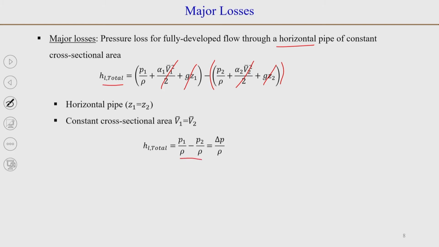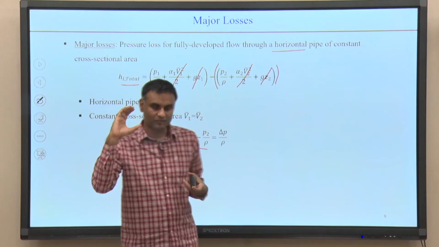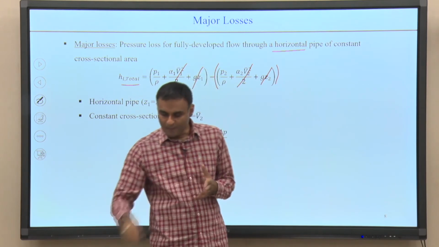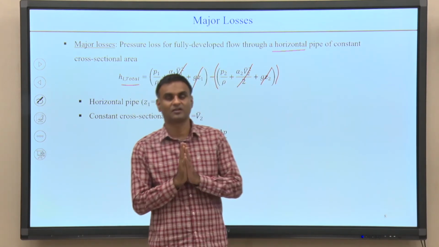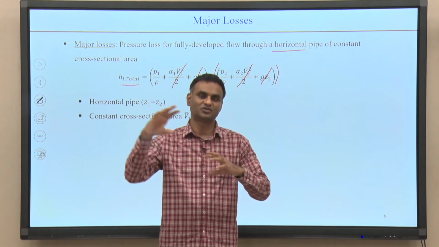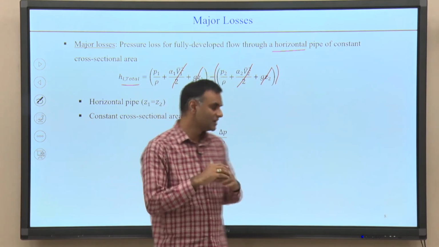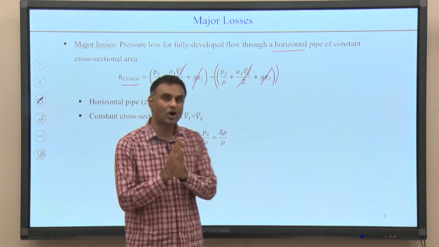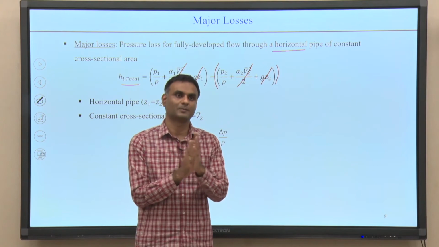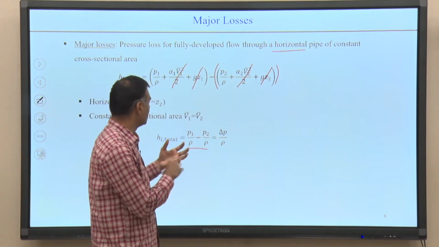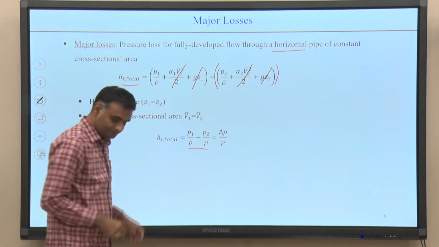Basically, delta P by rho is head loss. Remember the definition that head loss, even if the pipe network has pipes of different cross sectional areas, is delta P by rho, because all the other things, for example, the change in cross sectional area, will be taken into account in the minor losses.